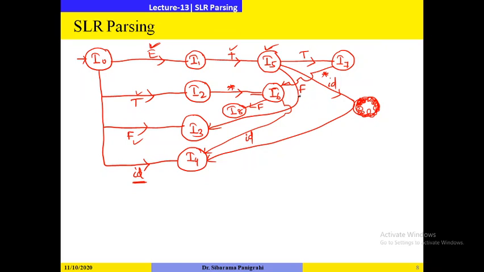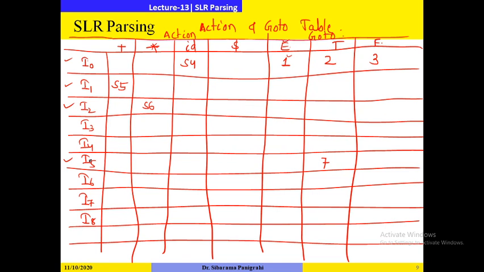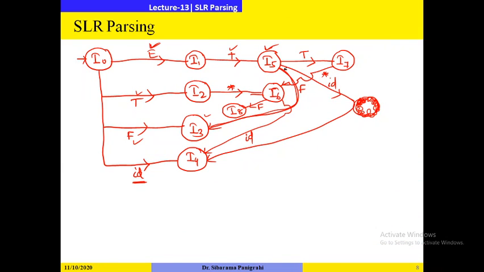I5 by taking F as input. Where will we go? We will go to I3. So we will simply write 3. Next, I5 by taking ID as input.